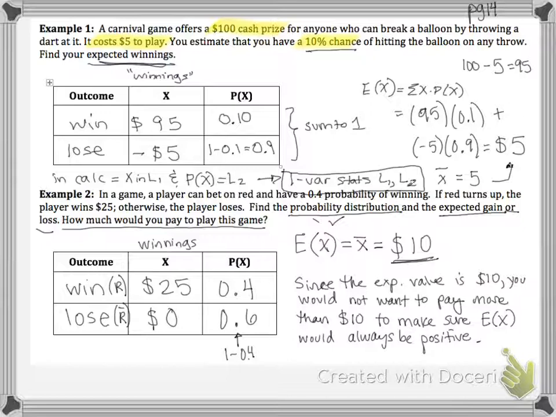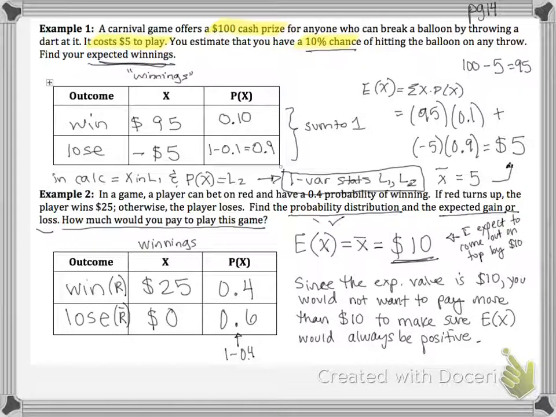Remember, this is telling me, in essence, if I play this game over and over again, I expect to come out on top by $10 if I play several times, all right? It's not saying I could ever win $10. I know that's not a situation.